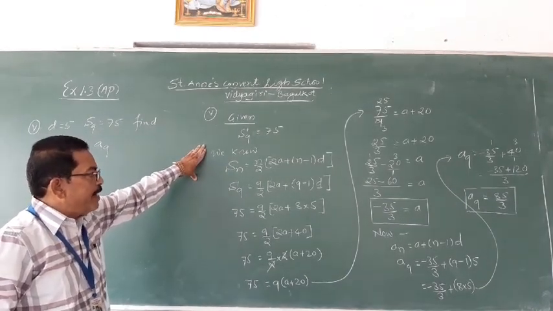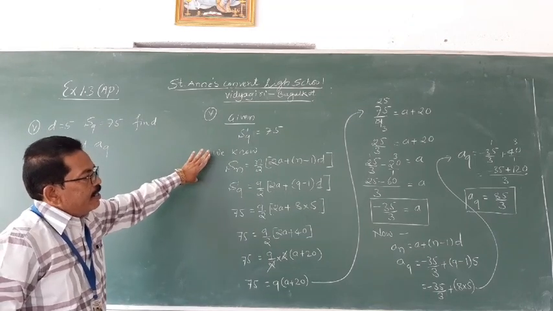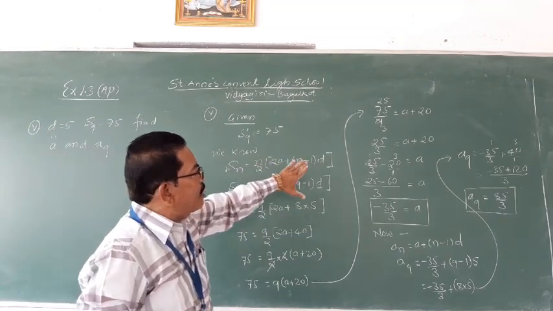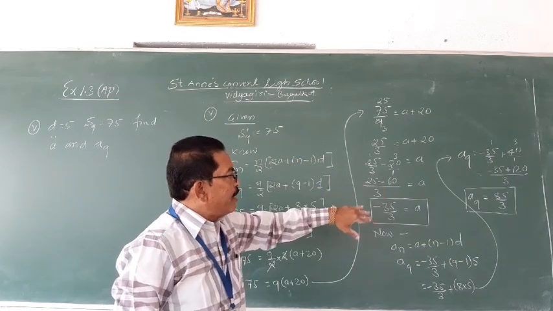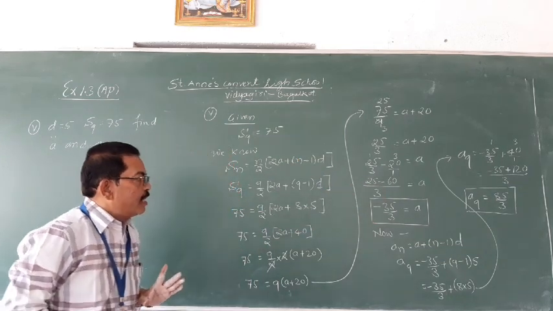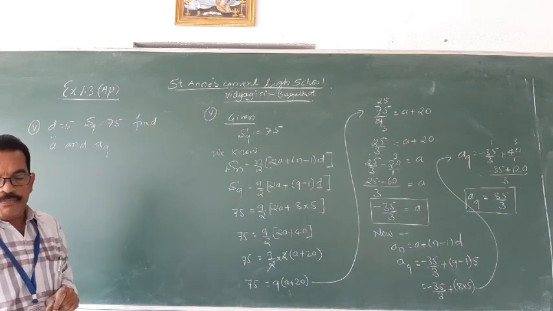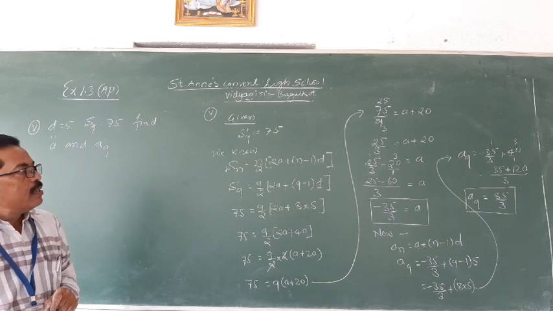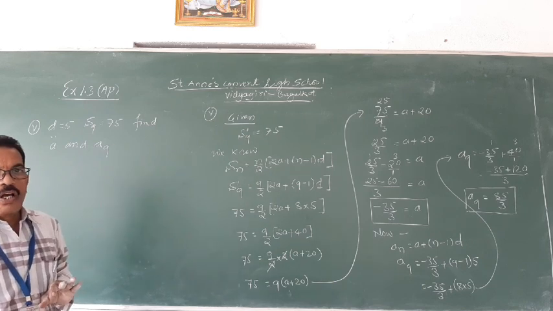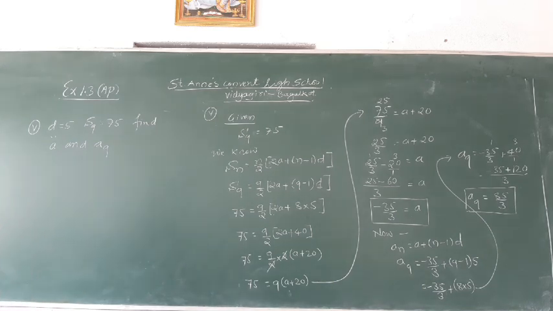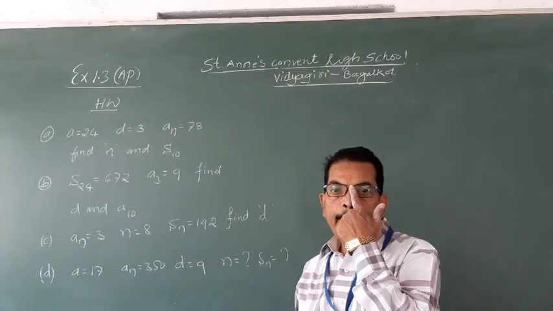See once again the solving method, and try to understand which formula we have used and how we have calculated. All things you have to see attentively. This one is the fifth question.